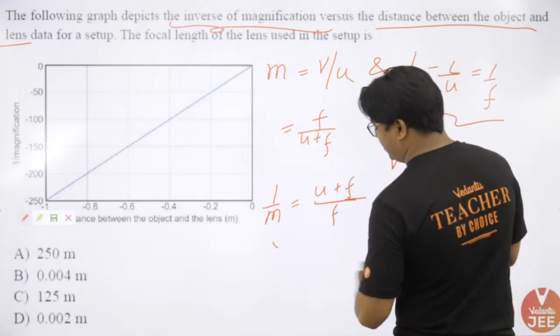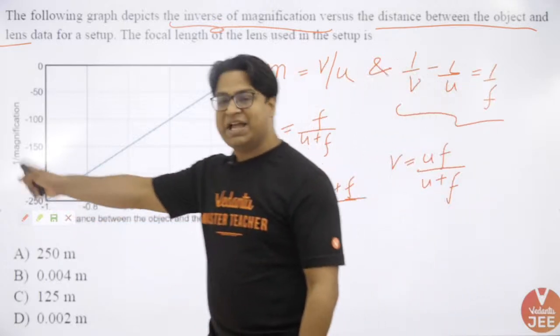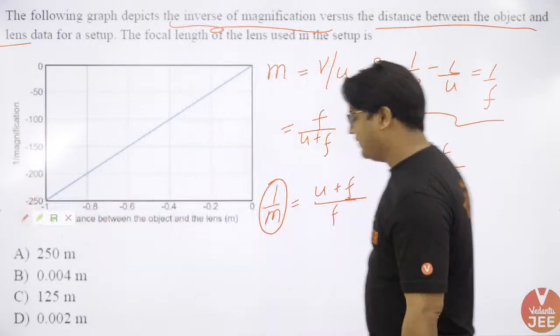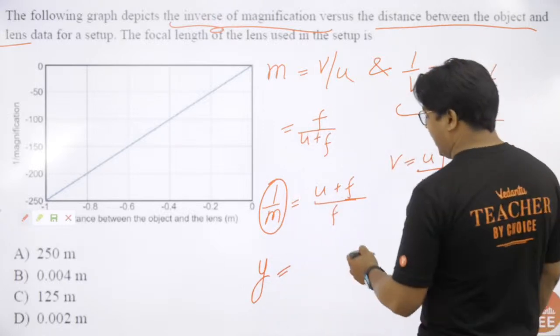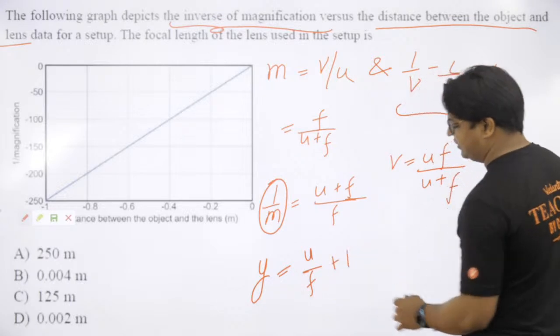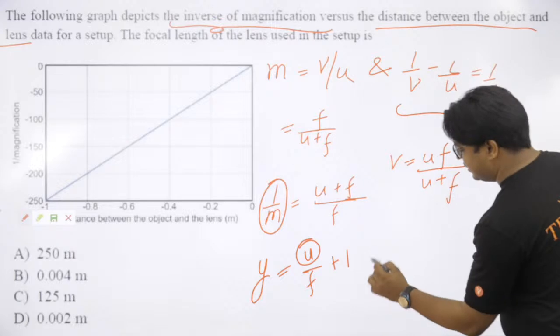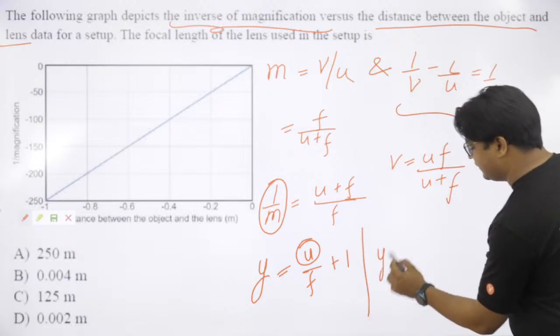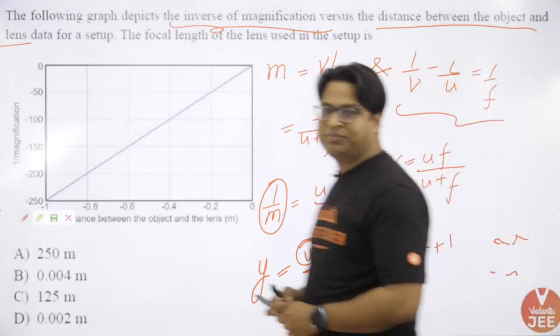So this is what we have to keep on the y-axis, 1 upon magnification. So let me choose this as the y coordinate, and u is the x coordinate in this graph. So we are getting the equation as y equal to x by f plus 1. Have a look at this.